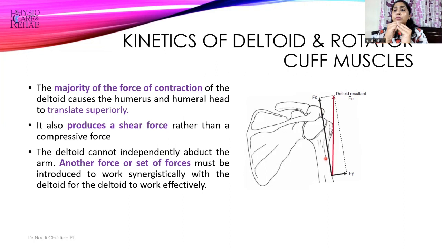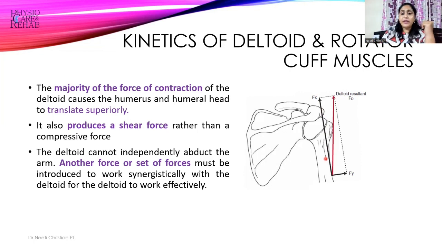It also produces shear force rather than compressive force. That means the deltoid cannot independently abduct the arm, so we need another force or set of forces to work synergistically with the deltoid so that the deltoid can work efficiently during abduction movement.